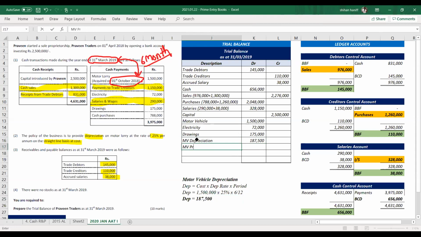Motor vehicle provision for depreciation credit 187,500. That's how you do it. Just record the double entry for that.